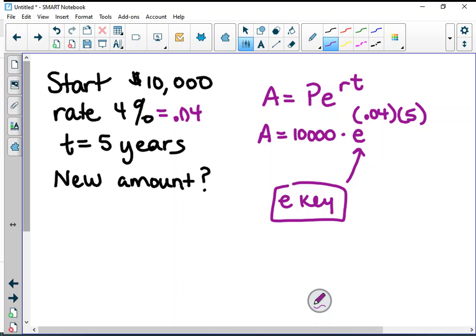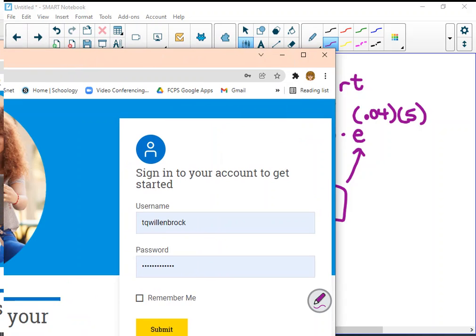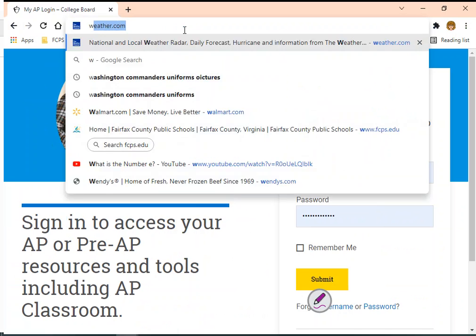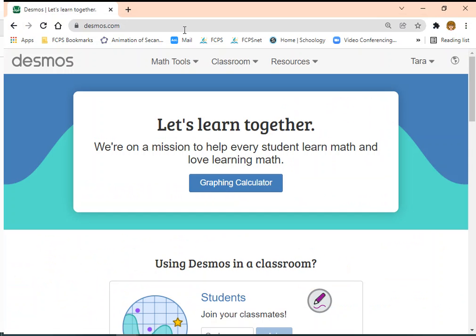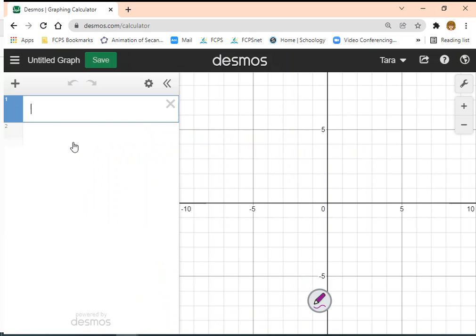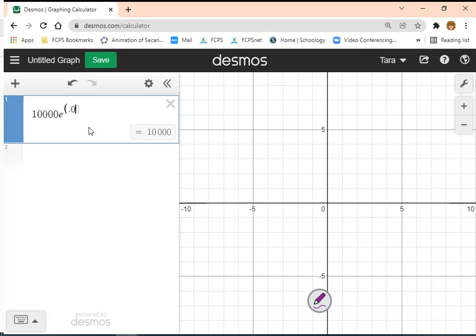The nice thing about Desmos is you don't have to do anything special for your e. So 10,000 e from the keyboard, caret. You may have to put this in parentheses so both pieces are in the exponent. So 0.04 for 4%, 5 years, 10,000 times e. And so we get $12,214.03.